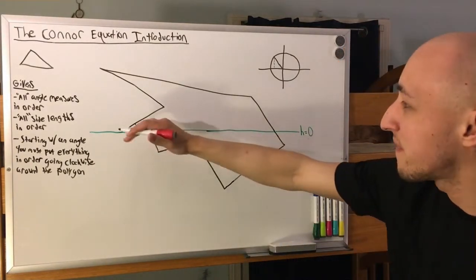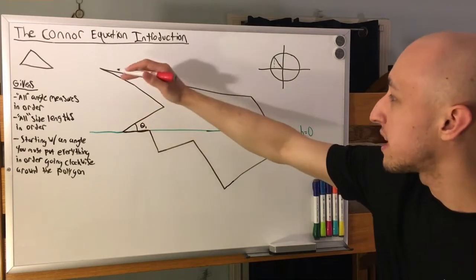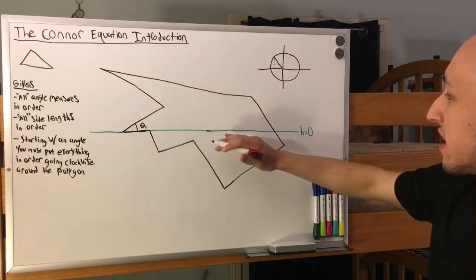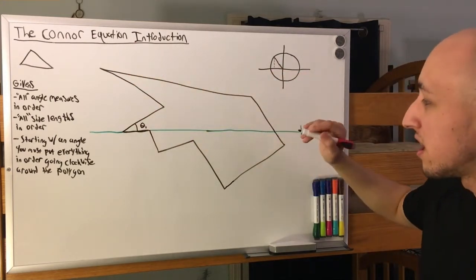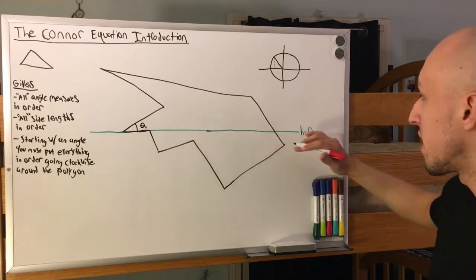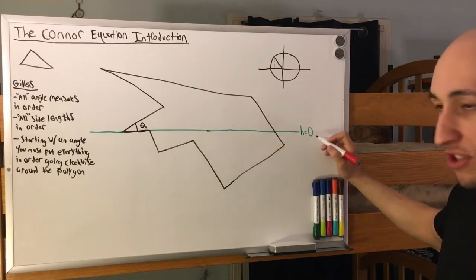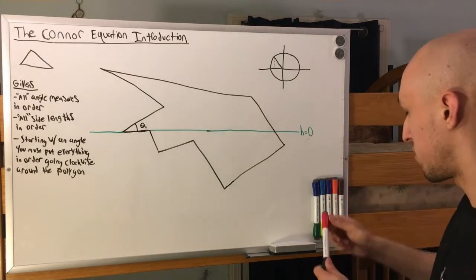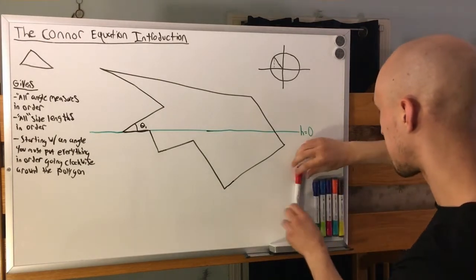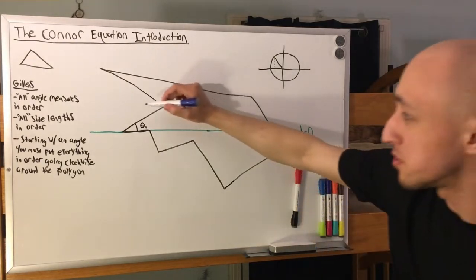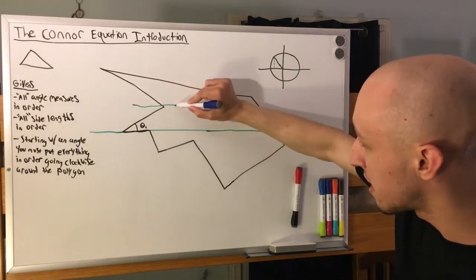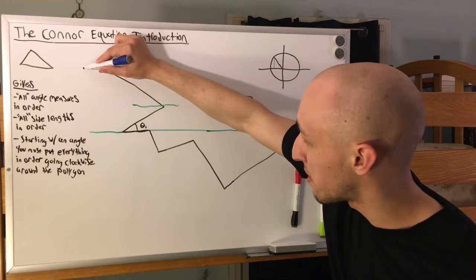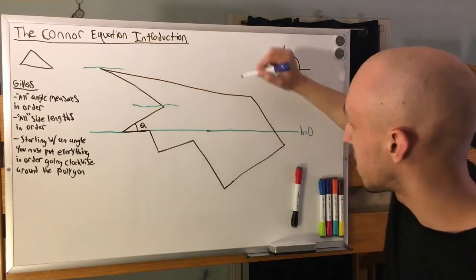Basically, at each corner, we establish our line, this right here, parallel to height equals 0, h equals 0. If you guys can just give me a little bit of time here. We're doing that at all the corners, pardon my drawing.